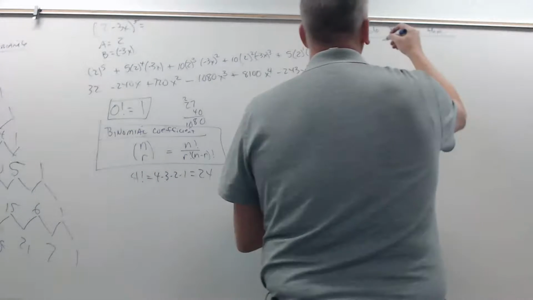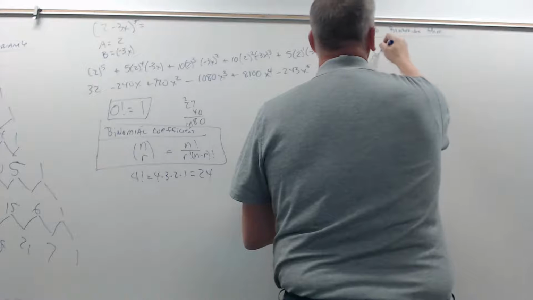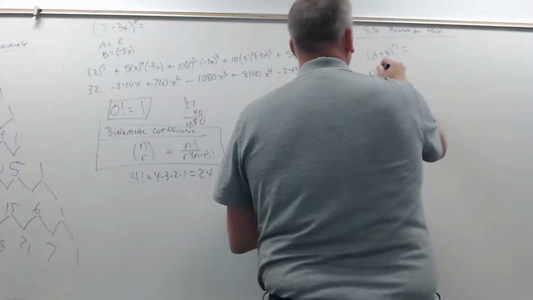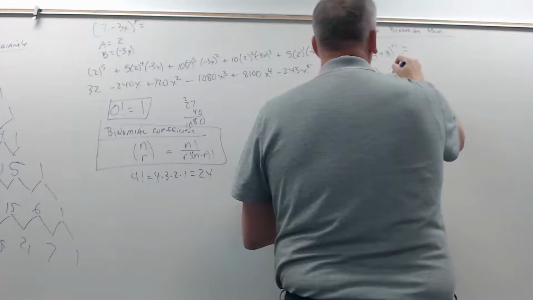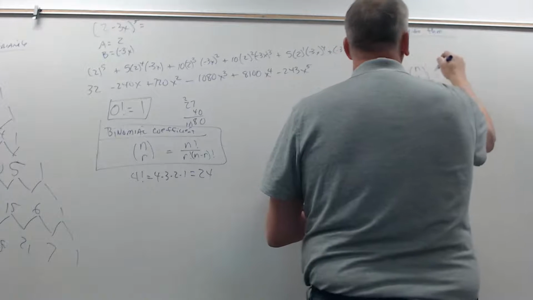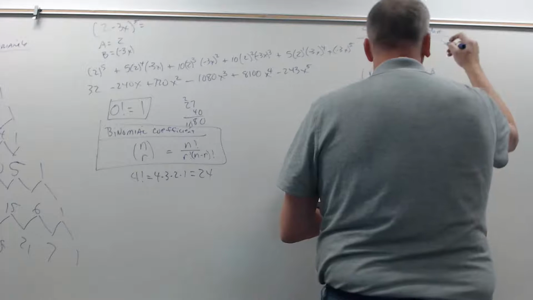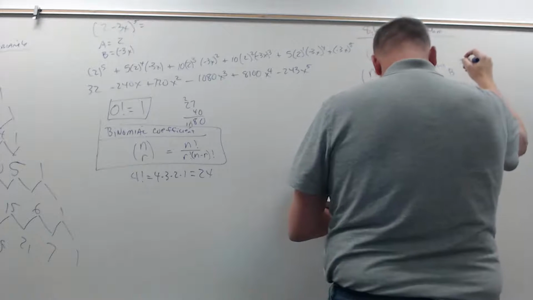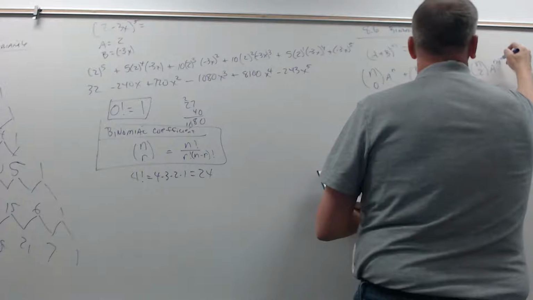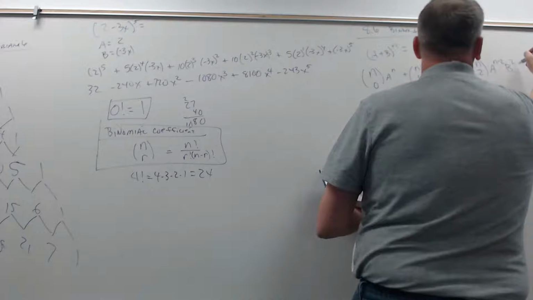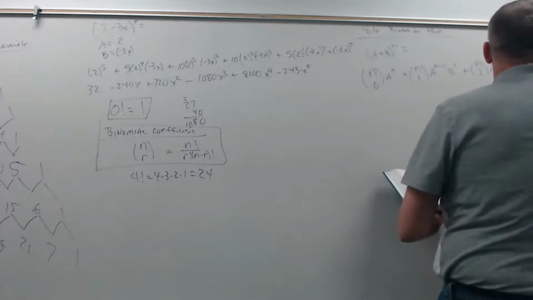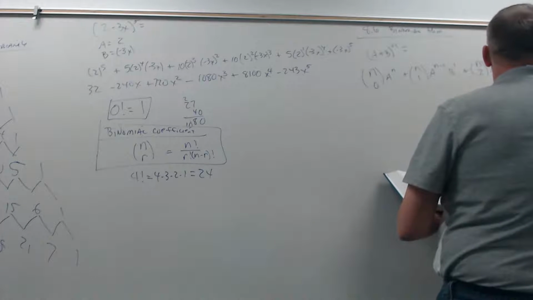So if I have a plus b to the nth power, that equals n choose 0, a to the n, plus n choose 1, a to the n minus 1, b to the first, plus n choose 2, a to the n minus 2, b to the second power, plus etc., until you get all the way down to n choose n, b to the nth power.